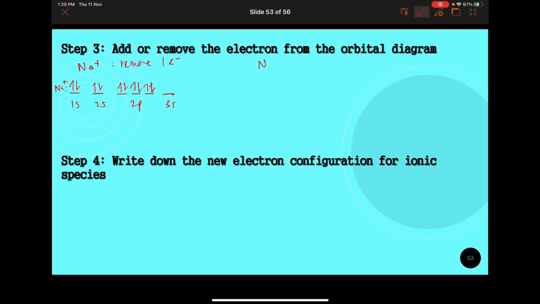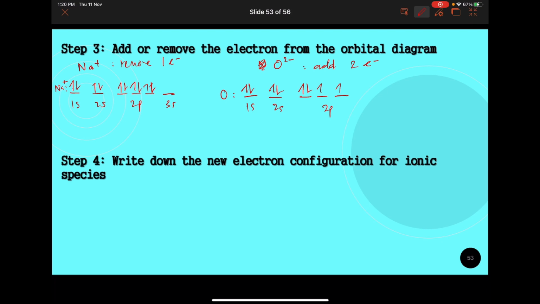And then for the oxygen ion, it adds 2 electrons. Okay, so the original: 1s, 2s, 2p. This is the original orbital diagram for the oxygen atom.